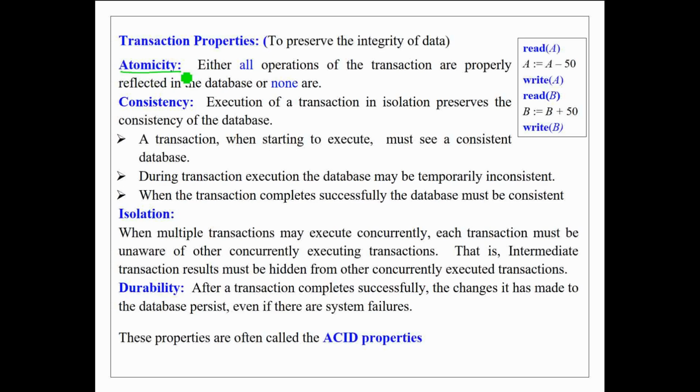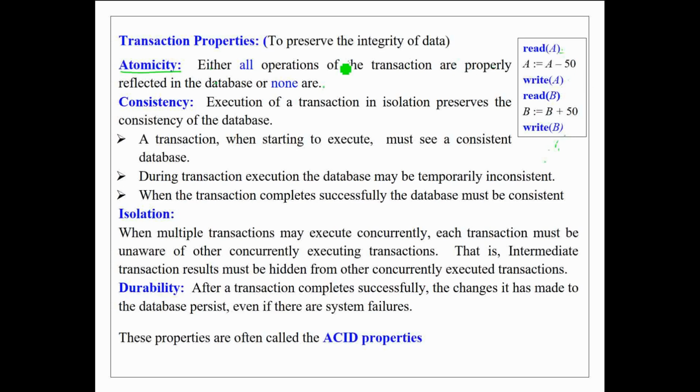First property is atomicity. Atomicity property ensures that either all operations of the transaction are properly reflected in the database or none of the updates is made. If we consider this example, when the transaction completes, both the updated values of A and B, that is 950 and 2050, need to be updated in the database together.